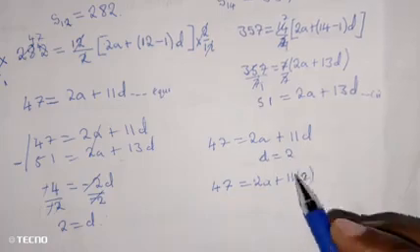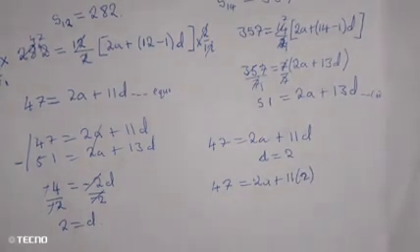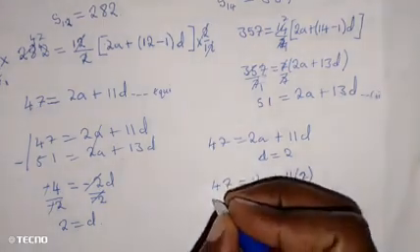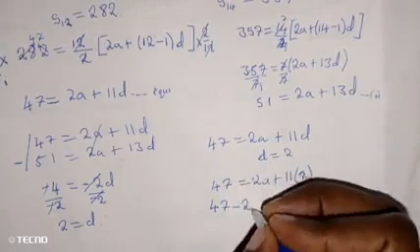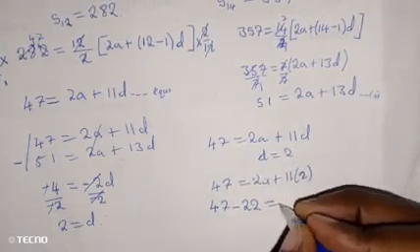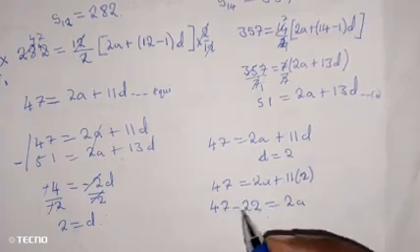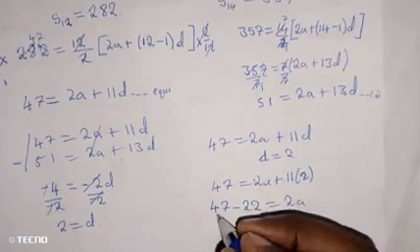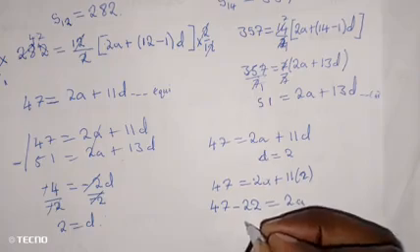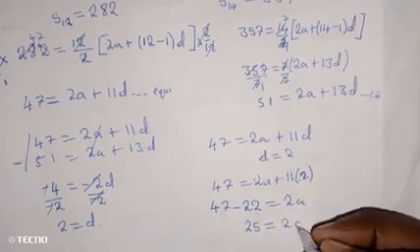Find the additive inverse of this one, which will be negative 22, and add it to both sides. So here we're going to have 47 minus 22, which gives us 25, is equal to 2a.